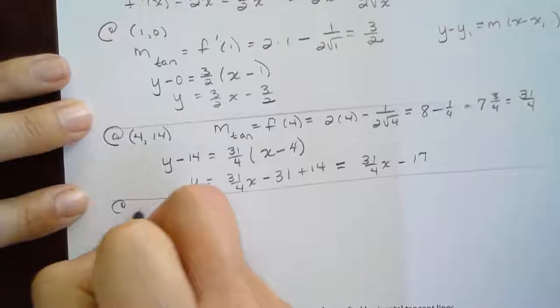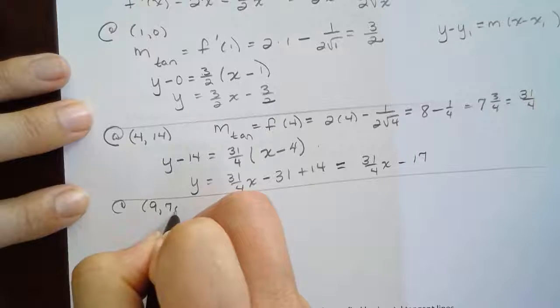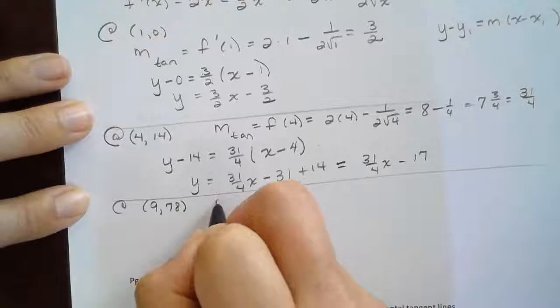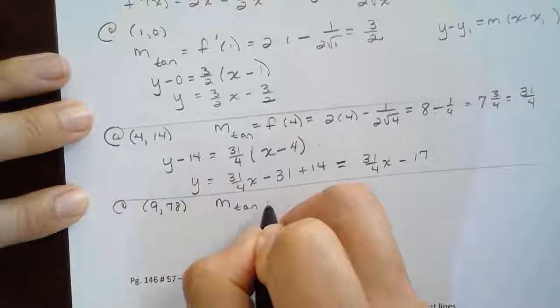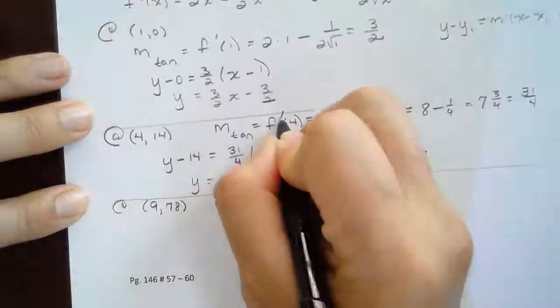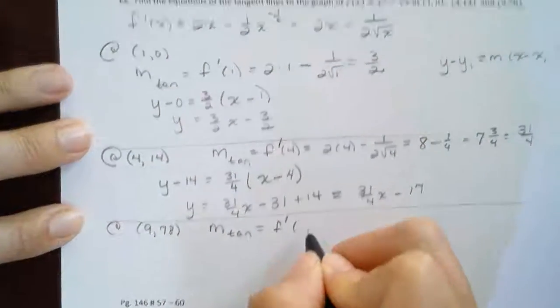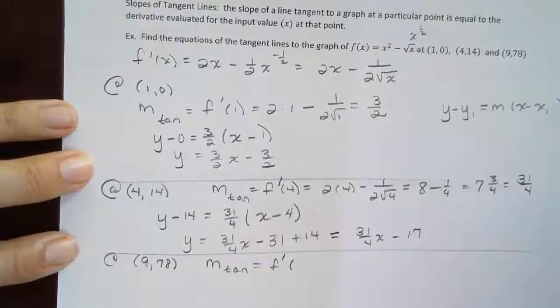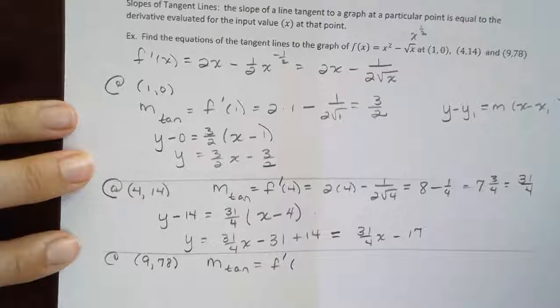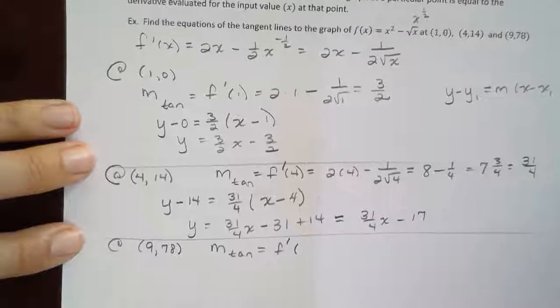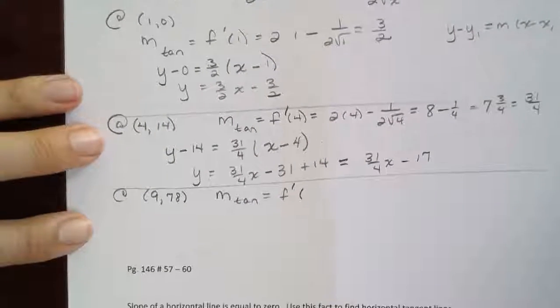The coordinates there are (9, 78). So again, I need the slope first. Remember to put that little mark up there, that prime mark that indicates that you're using the derivative. I left that out last time in my notation when I was evaluating for 4.